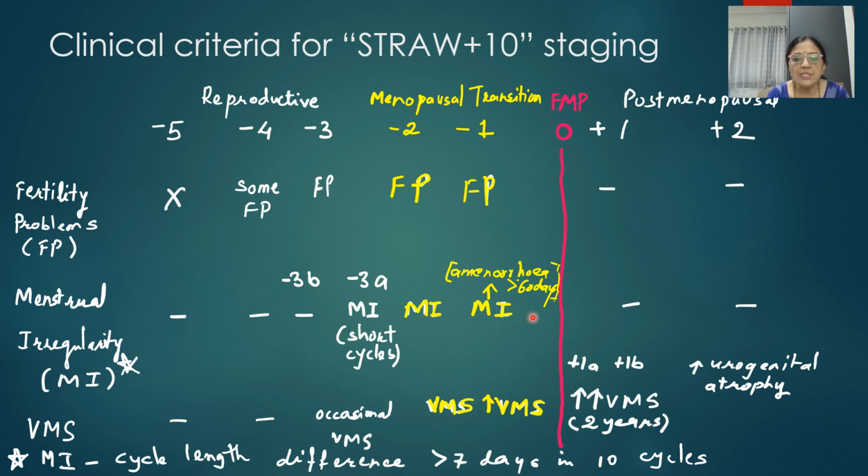That is how it changes, and ultimately the final menstrual period takes place, and then we say that a woman has entered the post-menopausal phase.